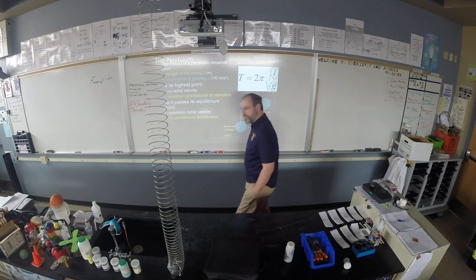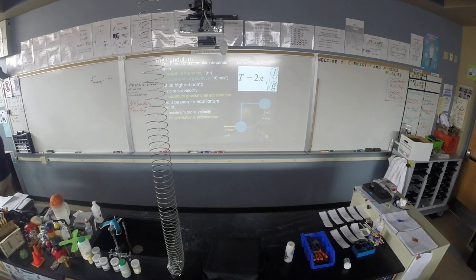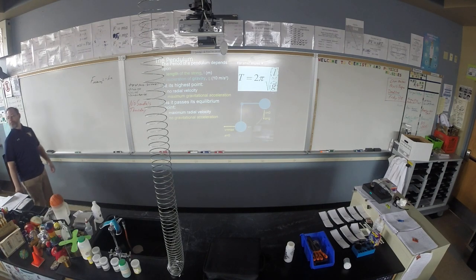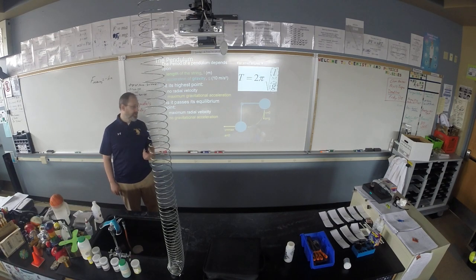Then the system reverses itself, much like a bouncing ball. As the pendulum moves away from the equilibrium point back towards its highest point, what happens to a? a is increasing. What happens to v? v is decreasing.